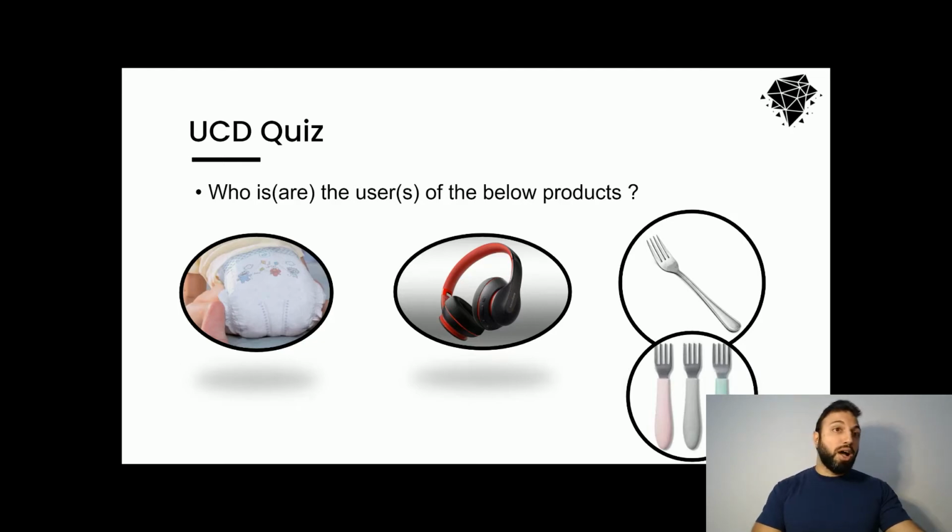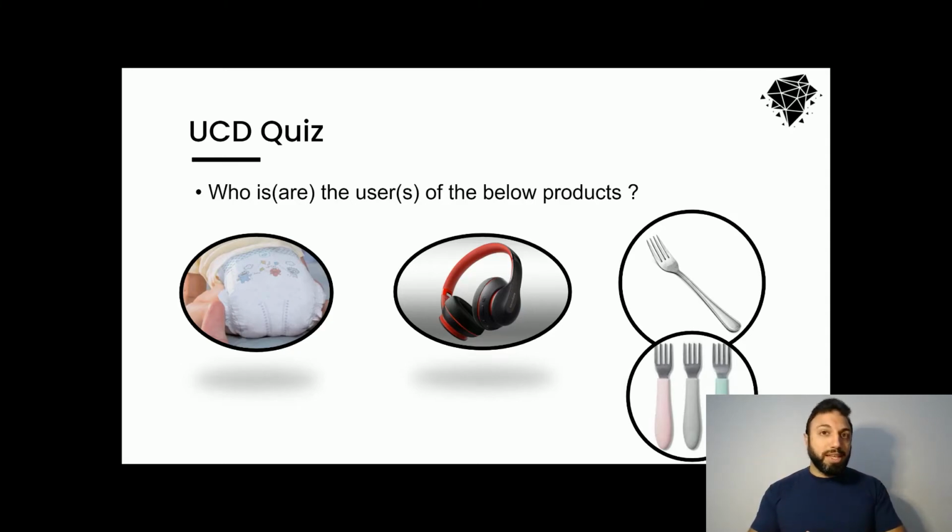Here you have a diaper, headphones, a fork, either adult size or baby or kids sized. I will not give you the typical 10 seconds now, but I'm just gonna go through it. With the diaper, I think it's very obvious now who's the customer and who's the user. The customer is the parents, and in this case, the user is definitely the baby.